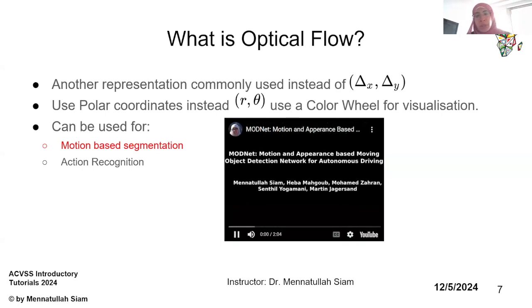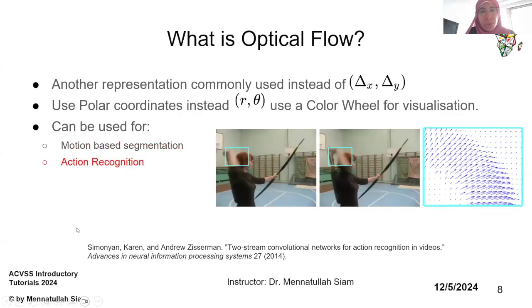Some people also, when doing action recognition, use optical flow as input to help identify the type of actions happening in the video.